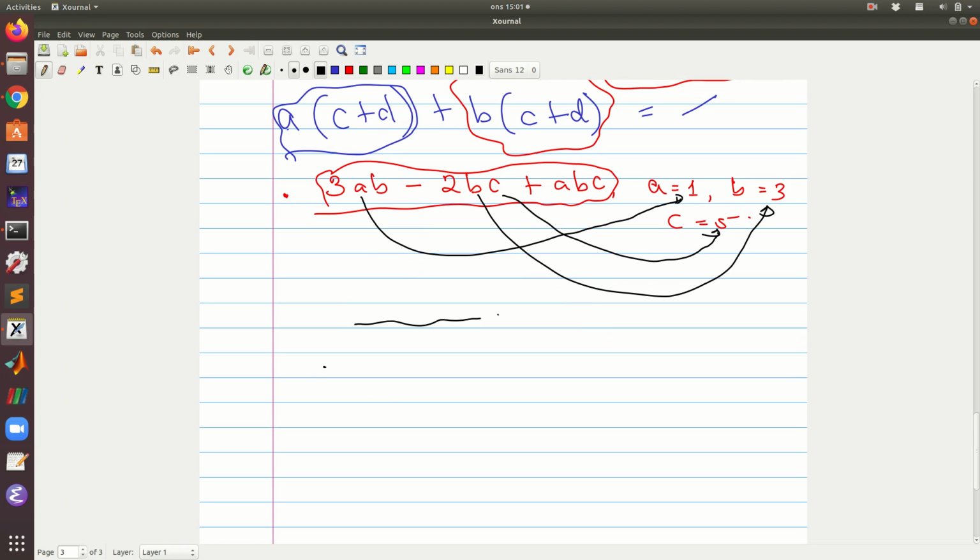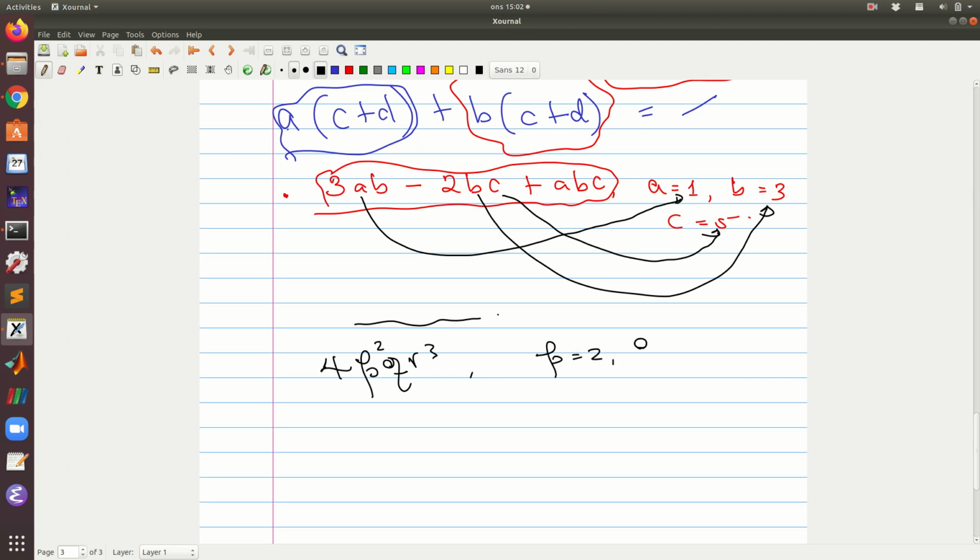We have another problem where they say we want to evaluate for p squared q then r cubed, and then they give us the values.